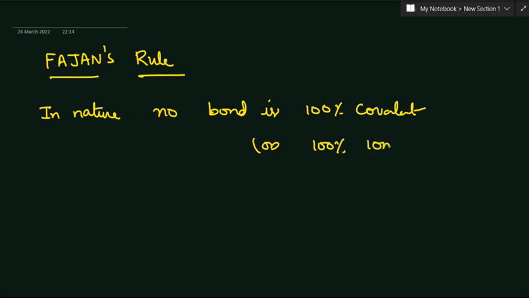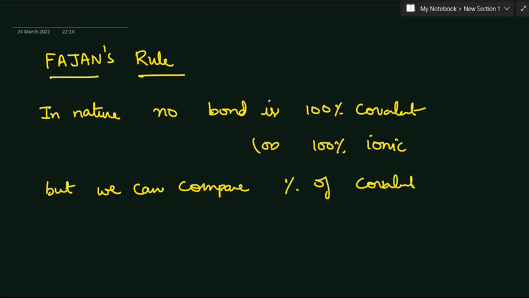But we can compare the percentage of covalent character or ionic character in some compounds by using these Fajan's rule.